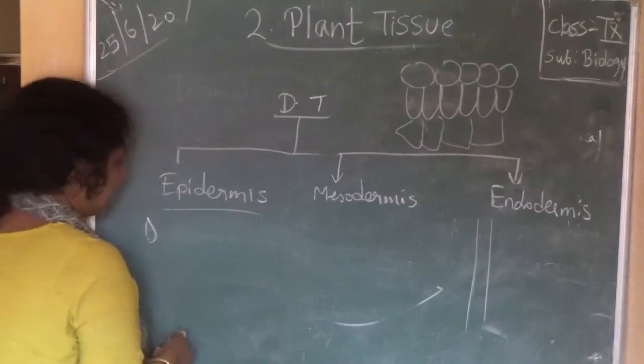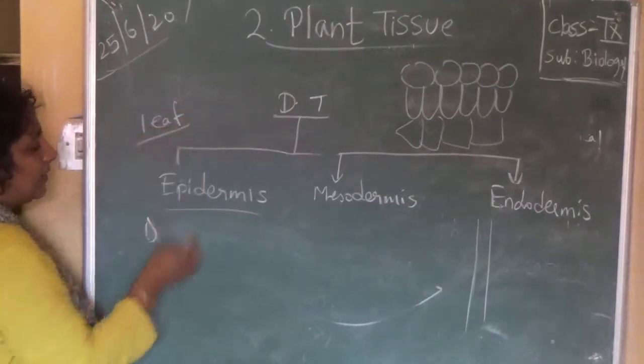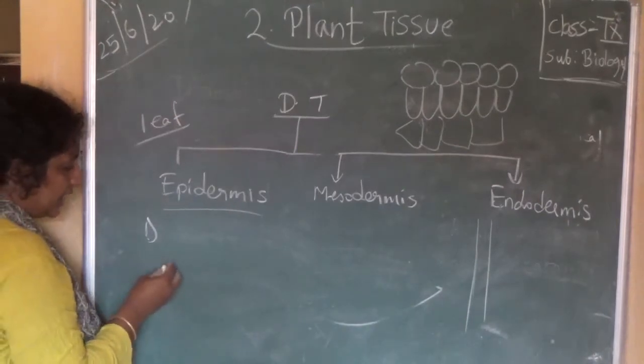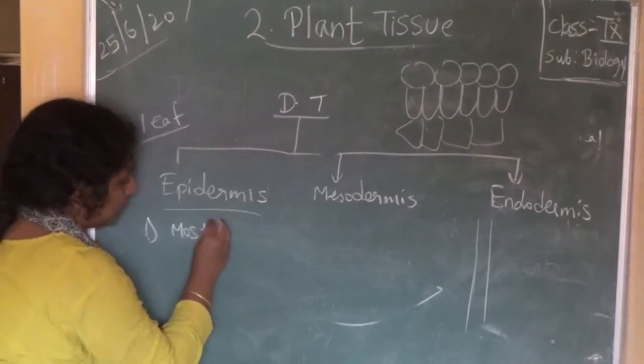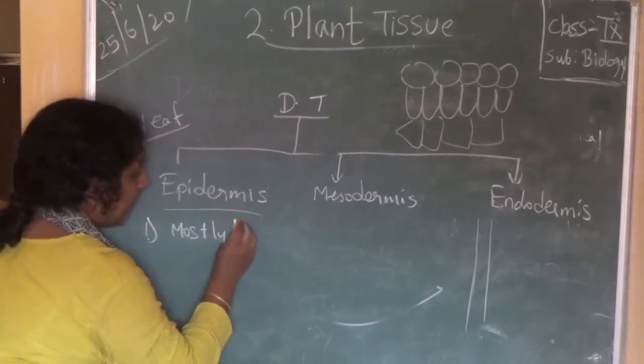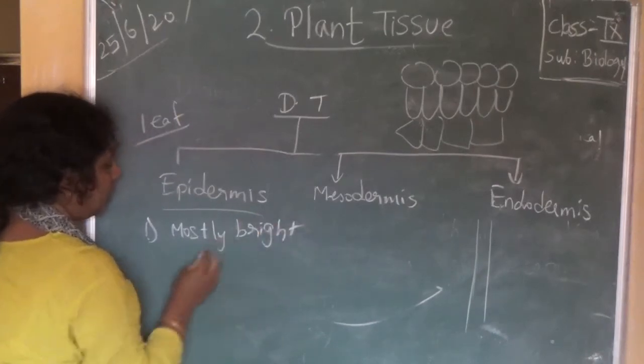First we study the epidermis in the leaf. The epidermis of the leaf is mostly green in color, mostly bright green, or bright in color.